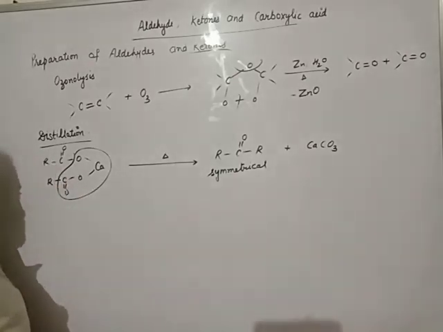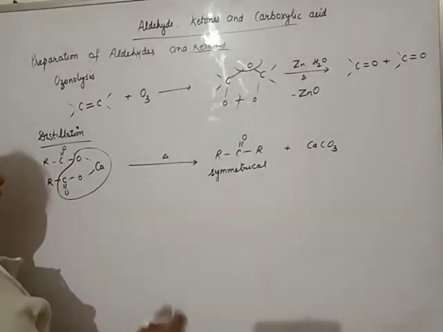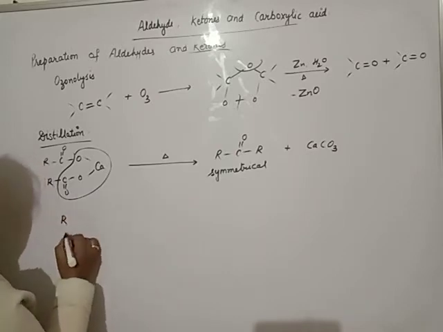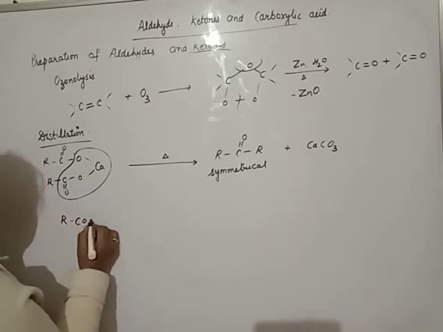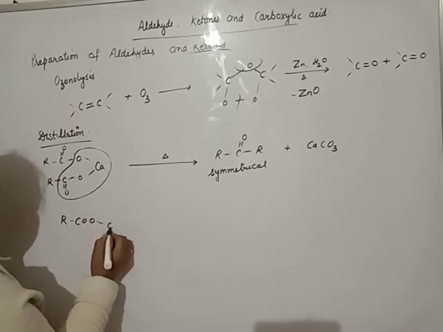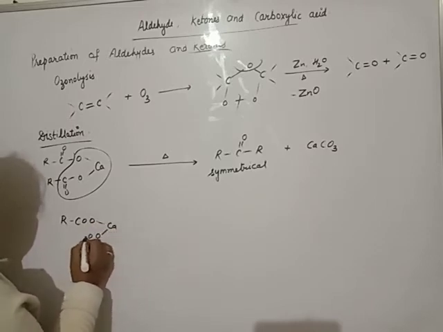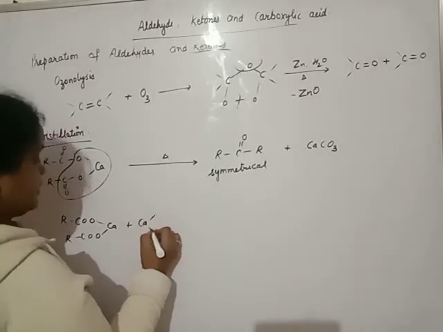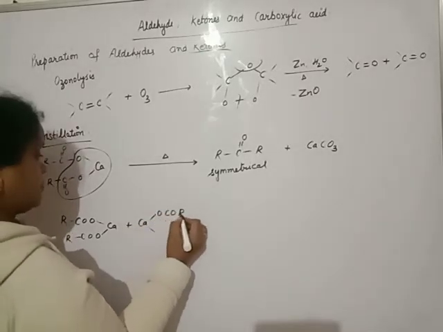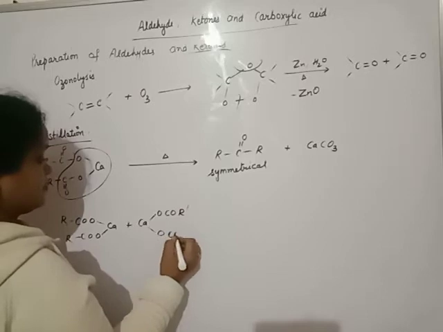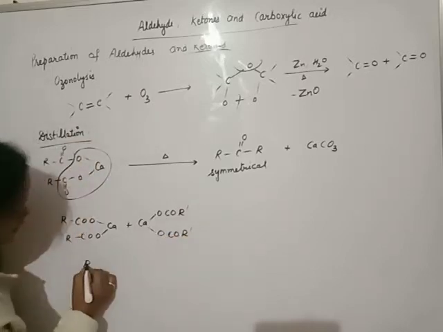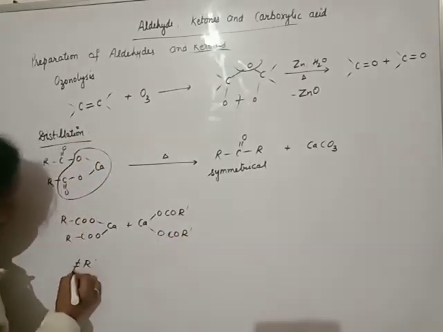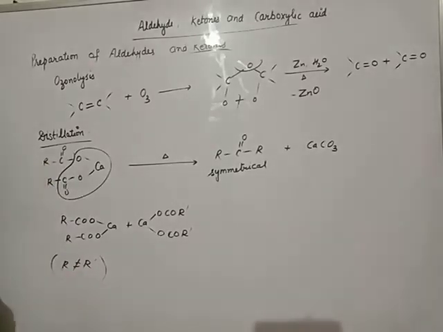One molecule is used. If we want unsymmetrical, we will use two molecules. If an unsymmetrical molecule is to be formed, then we will use two molecules. R dash is not equal to R. Both are different.